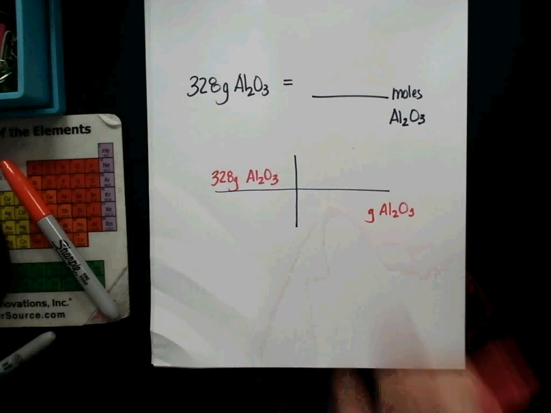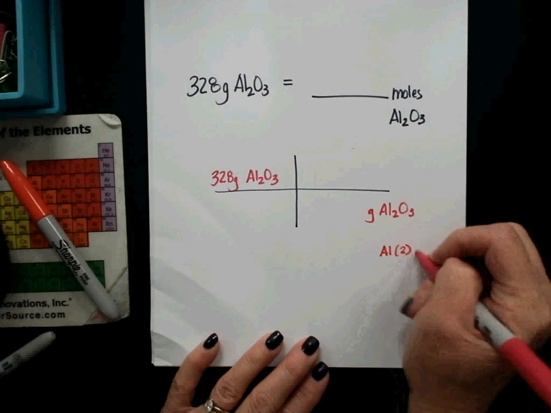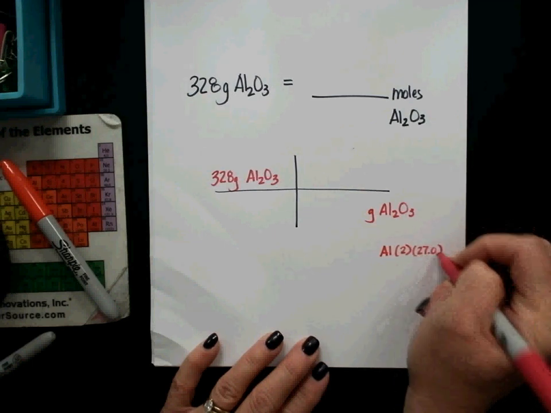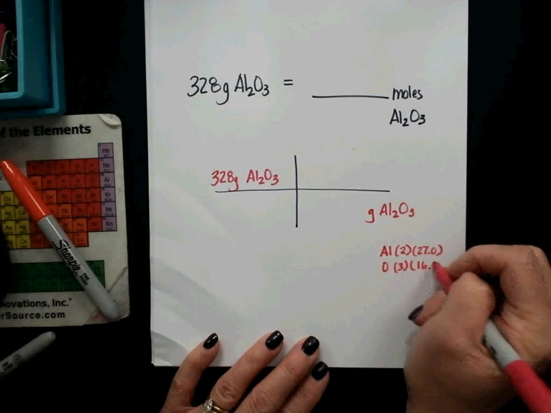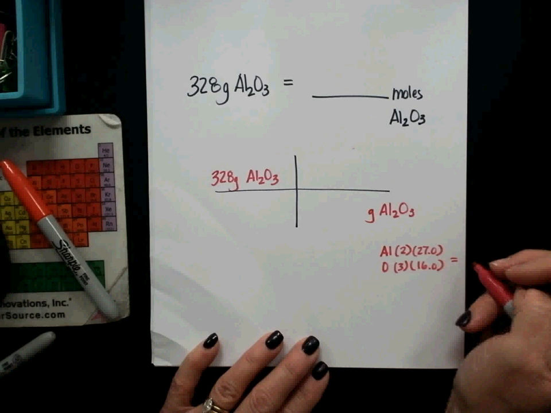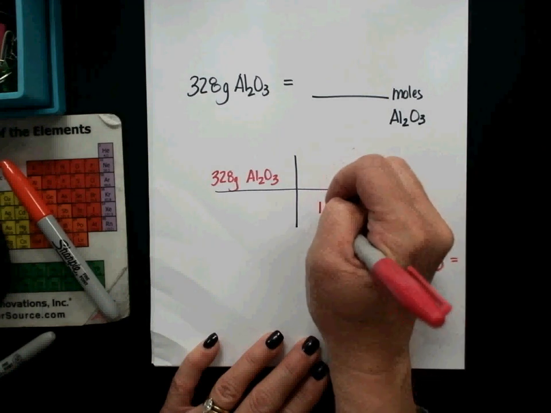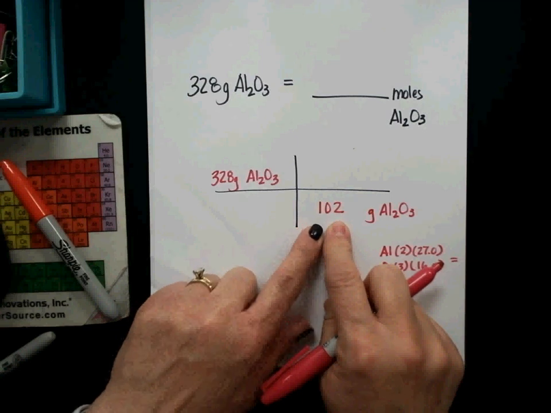So, what do I have to figure out to put in this box, Maria? I have to figure out the molar mass. So I should have had Al 2 times 27.0 and oxygen 3 times 16.0, which equals 102. So I'll put 102 right here.